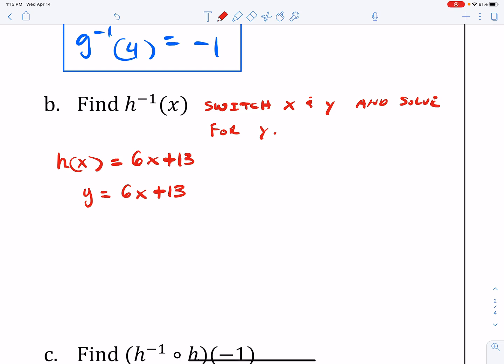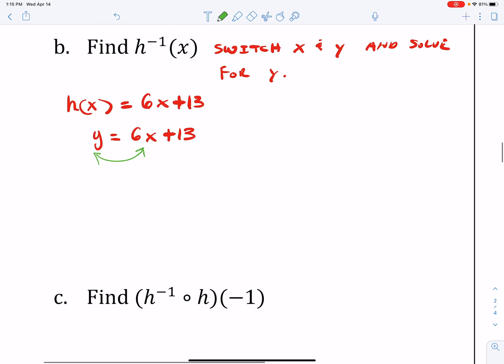After that, this is where the inverse comes in, the switch. Okay? So put that in your notes. We're going to switch those two. Switching them is going to now give me x equals 6y plus 13. Okay?